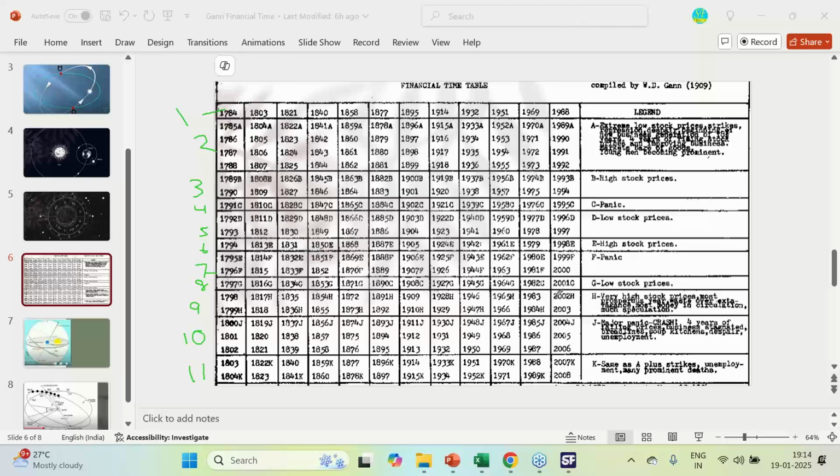This is how he has given a chart. If you search the internet for the financial timetable, you will get a lot of information. All people have given their own views, assumptions, thought processes, and their own conclusions they have derived.